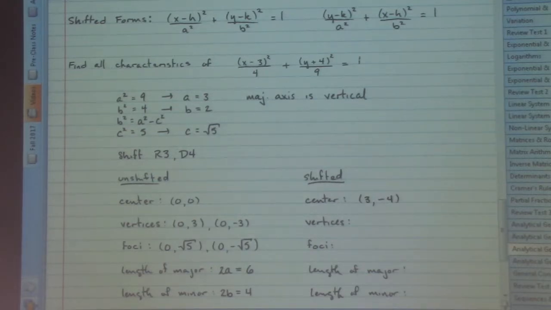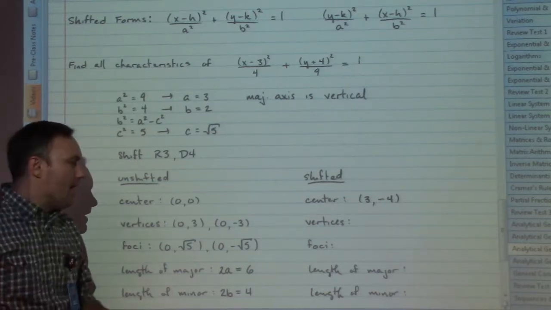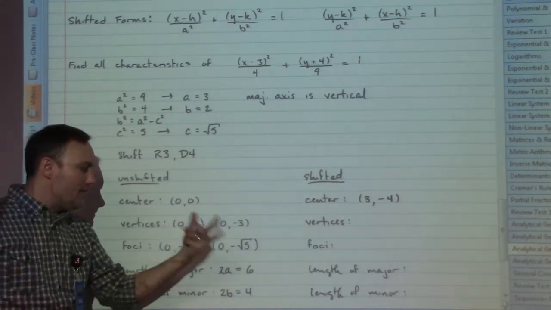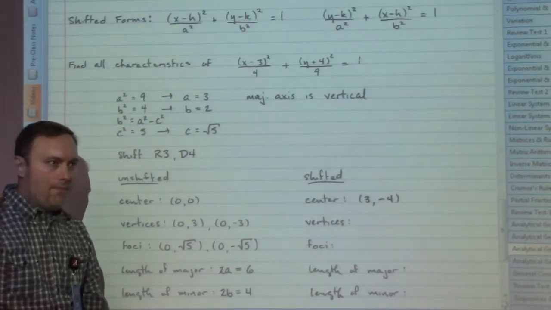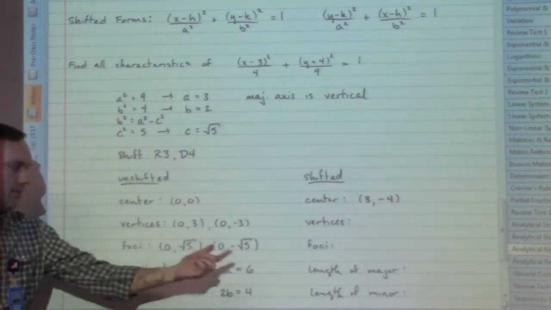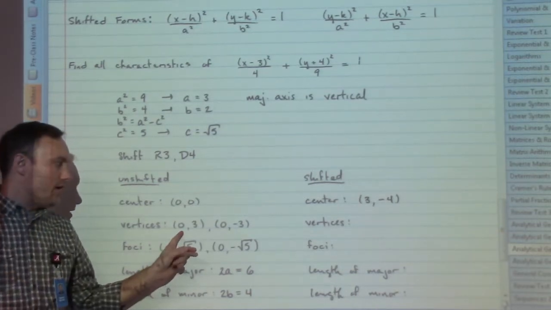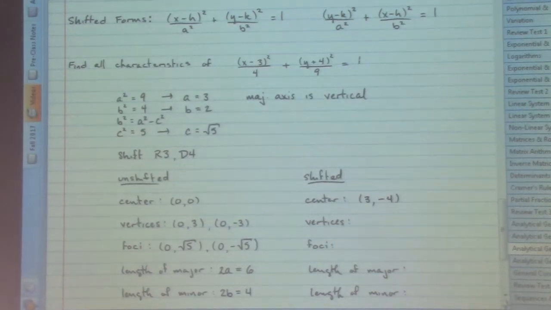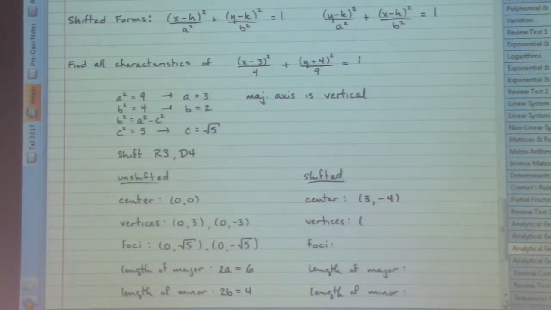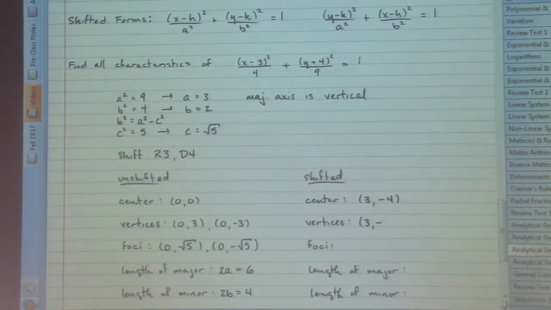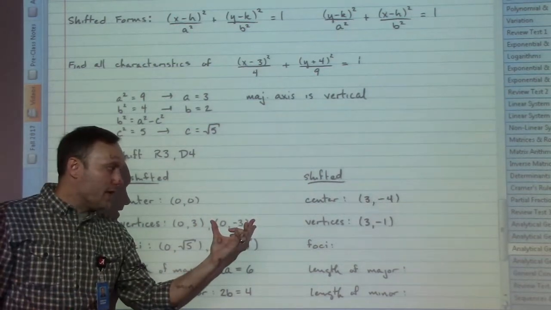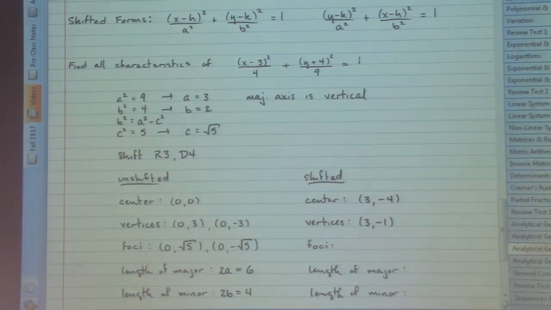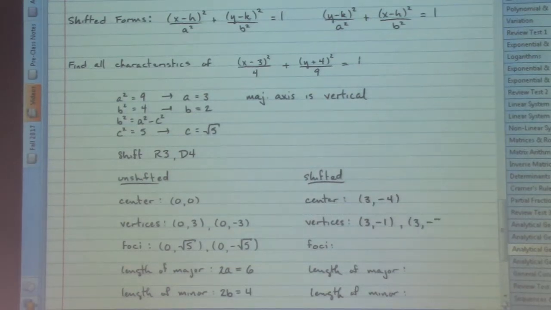In fact, now that that center has been correctly identified, if I take the center and add it to any of the other points that show up, I can come up with the shifted version of my vertices and my foci. So the center plus this particular point would give me a new vertex (3, -1). And if I take my center and add it to this other vertex, that would give me a new shifted vertex (3, -7).